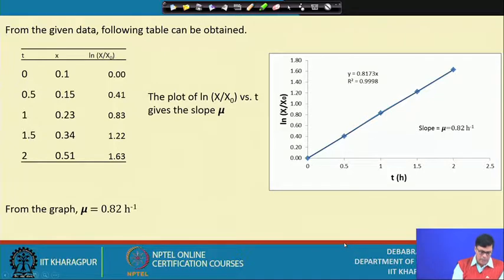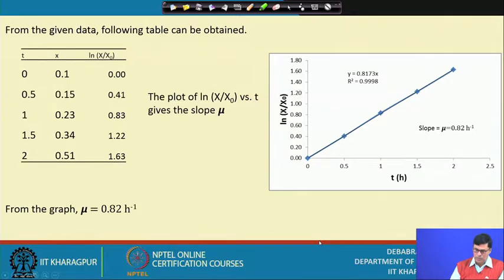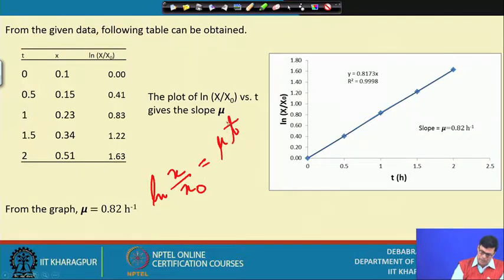Now, question comes, how can you determine the value of mu? In this problem, this is the batch system, so we can easily estimate the cell mass concentration at different times. From that we have the equation ln x by x0 equal to mu into t. Am I right?